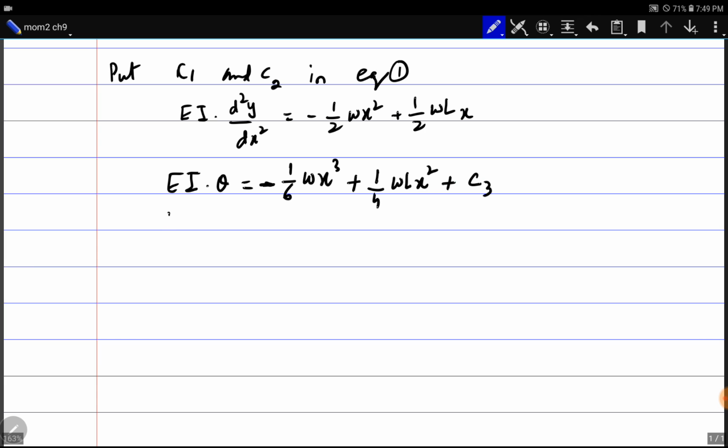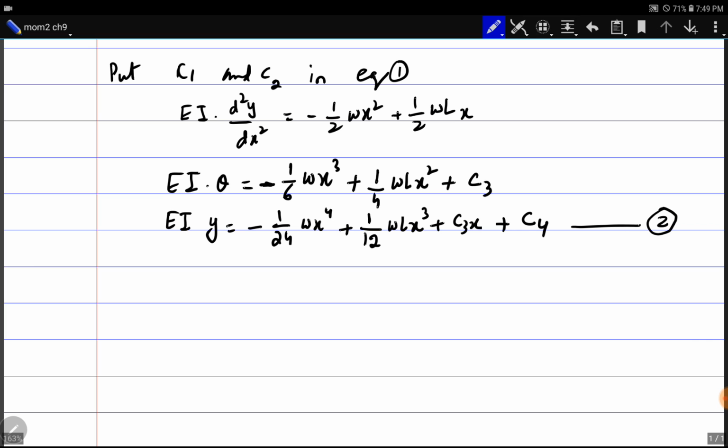Integrating this expression once more, it will be EIy. Integral of this term will be minus 1 over 24 Wx power 4 plus 1 over 12 WLx cube plus C3x. Here will be another constant of integration, we call it C4. Let me call this expression equation number 2.